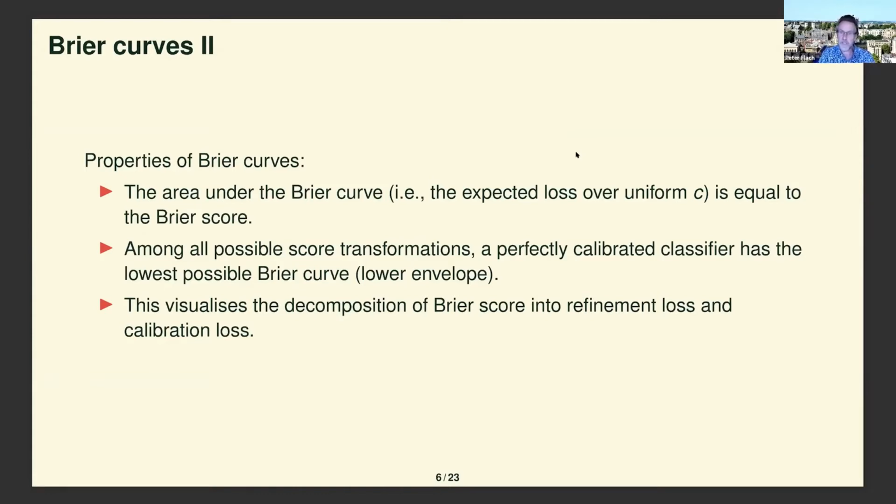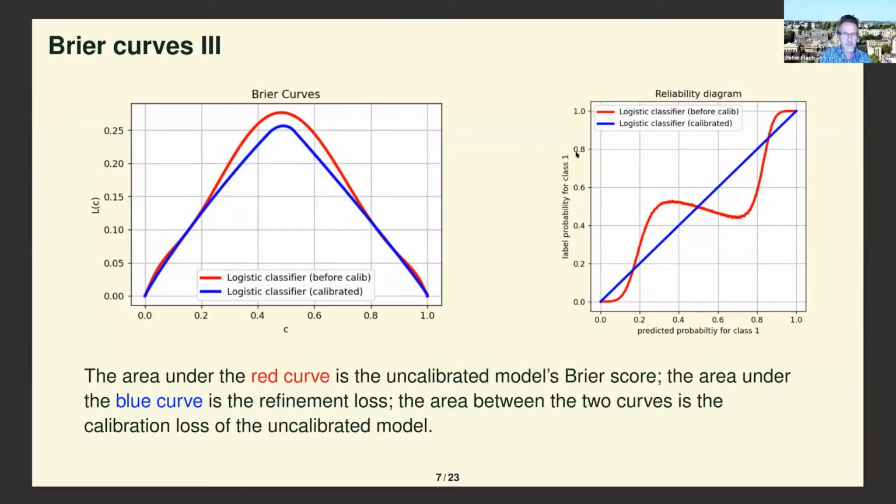By definition, the perfectly calibrated classifier has calibration loss 0, and therefore the area under that blue curve is the Brier score of the perfectly calibrated classifier. Because the Brier score decomposes into calibration loss and refinement loss, and calibration loss is 0, that blue curve visualizes the refinement loss. And so the difference between the blue curve and the red curve gives us the calibration loss of the uncalibrated model.